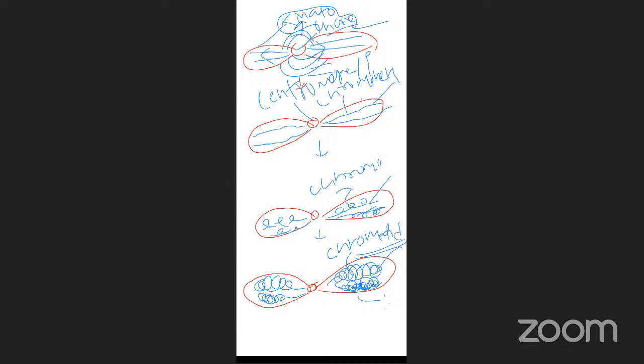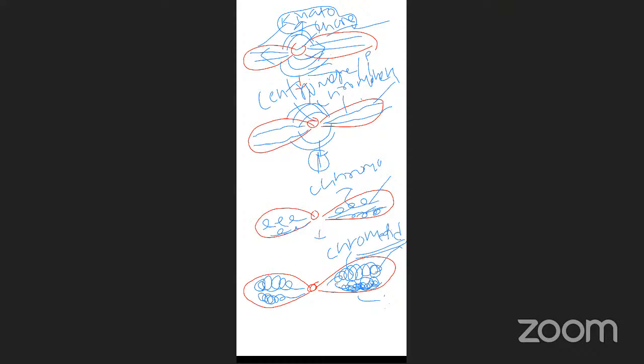The outer region is a proteinaceous convex disc. Its function is the attachment of microtubules or spindle fibers during cell division in anaphase. The spindle fibers are firmly attached at the kinetochore disc.